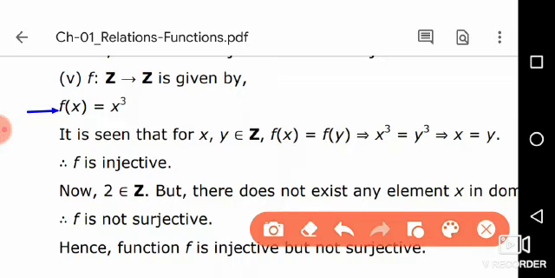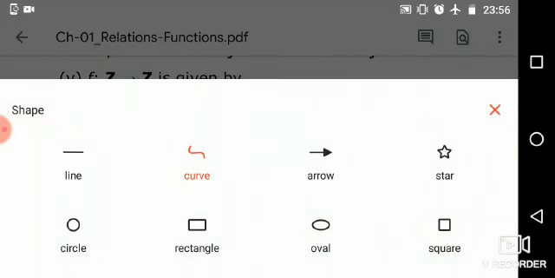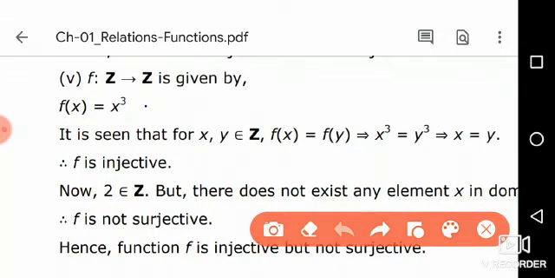To check the injectivity or 1 1, as we have seen in the previous class, we check whether the function is 1 1 or not. For all x, y belongs to Z, consider f of x is equal to f of y.